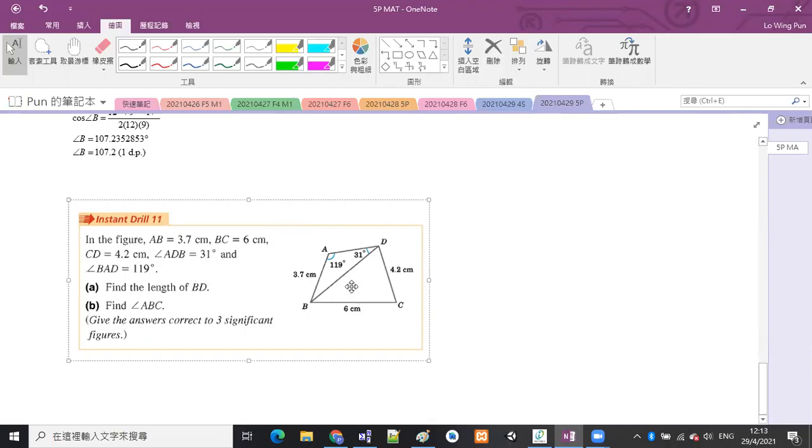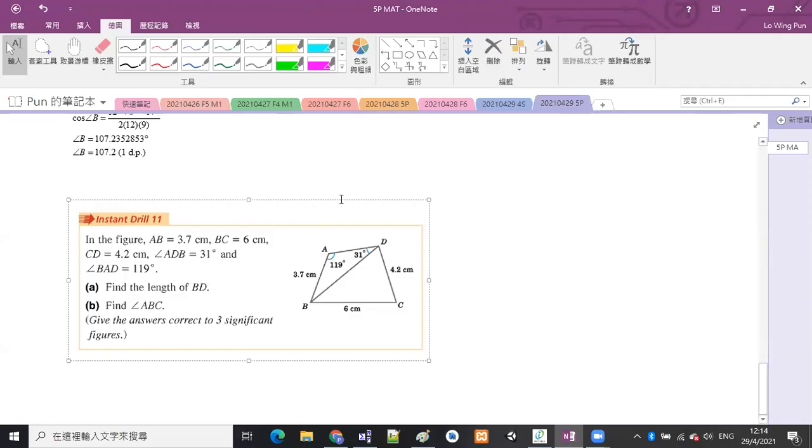Okay, it is not sufficient for us to set up any formula. Okay, but triangle ABD, we have one angle, two angle, and one length. We have three information. So basically, it should be enough, sufficient for us to set up formula.